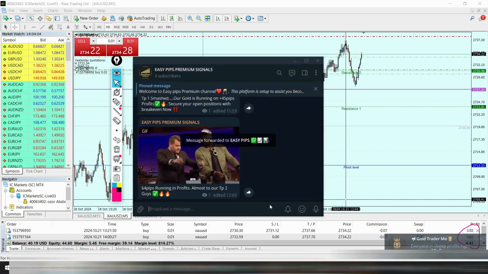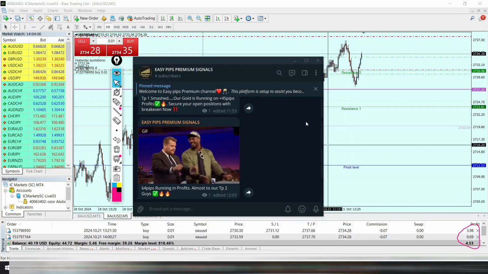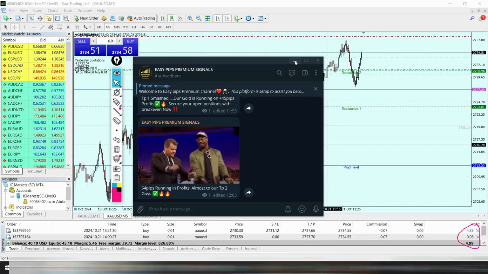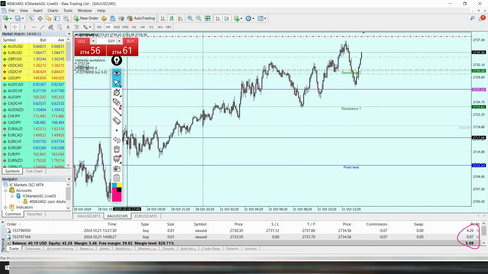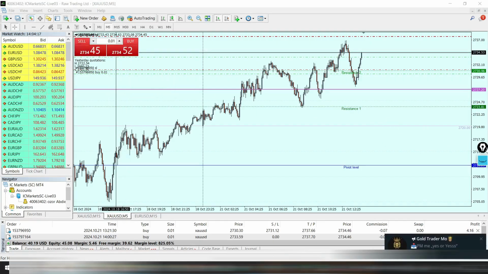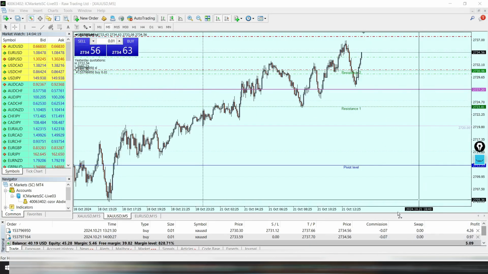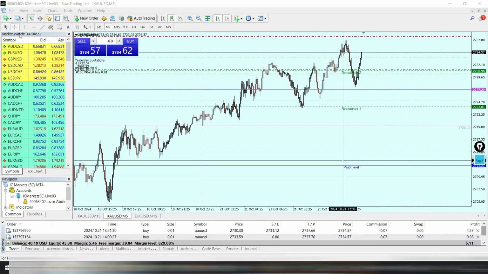Okay, so you can see how nice this trade is flying. Gold is flying to the heavens.